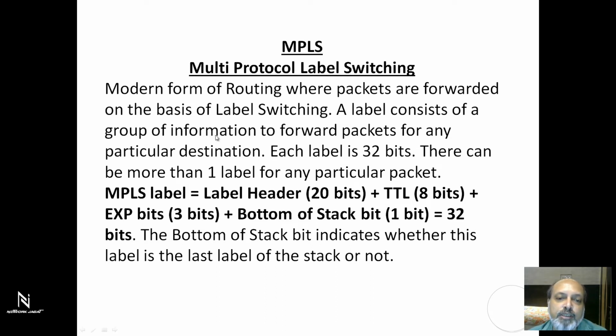Now I hope, as all my friends are into networking, you know what information is so necessary for forwarding the packets. Definitely two pieces of information have the highest priority, that is next hop and the exit interface.